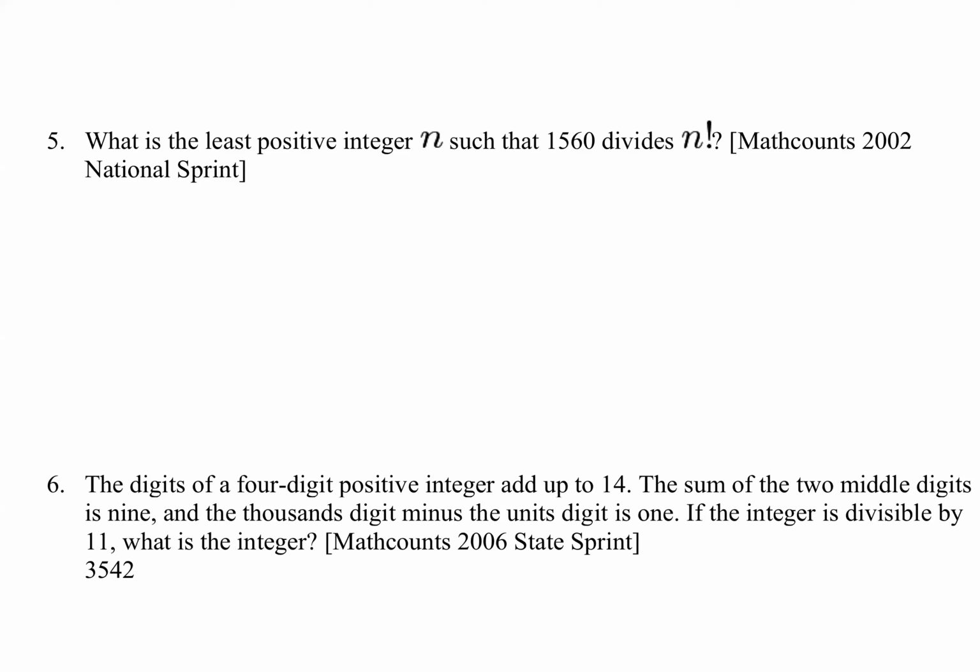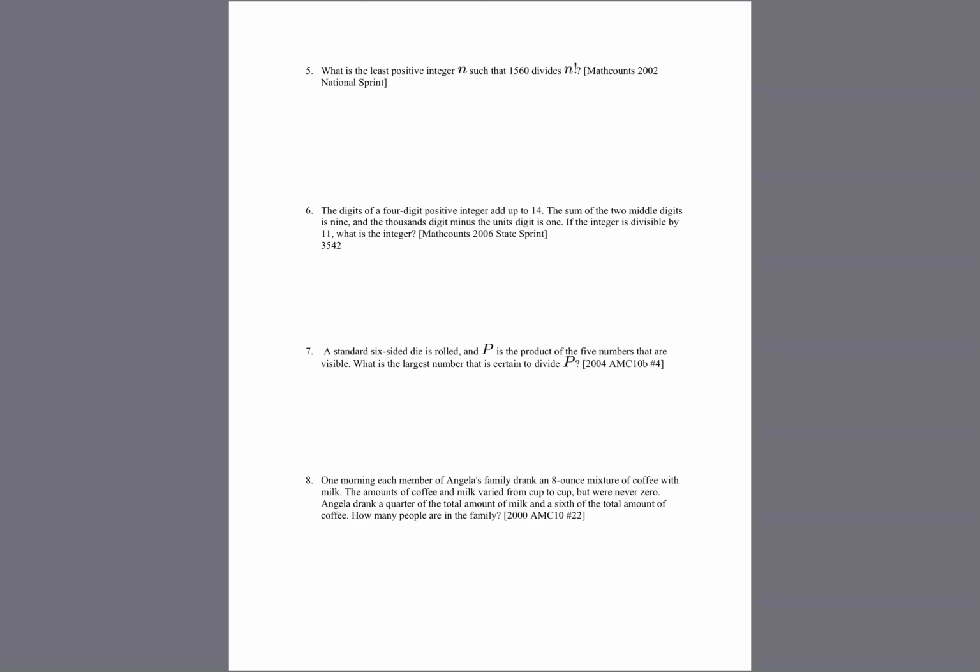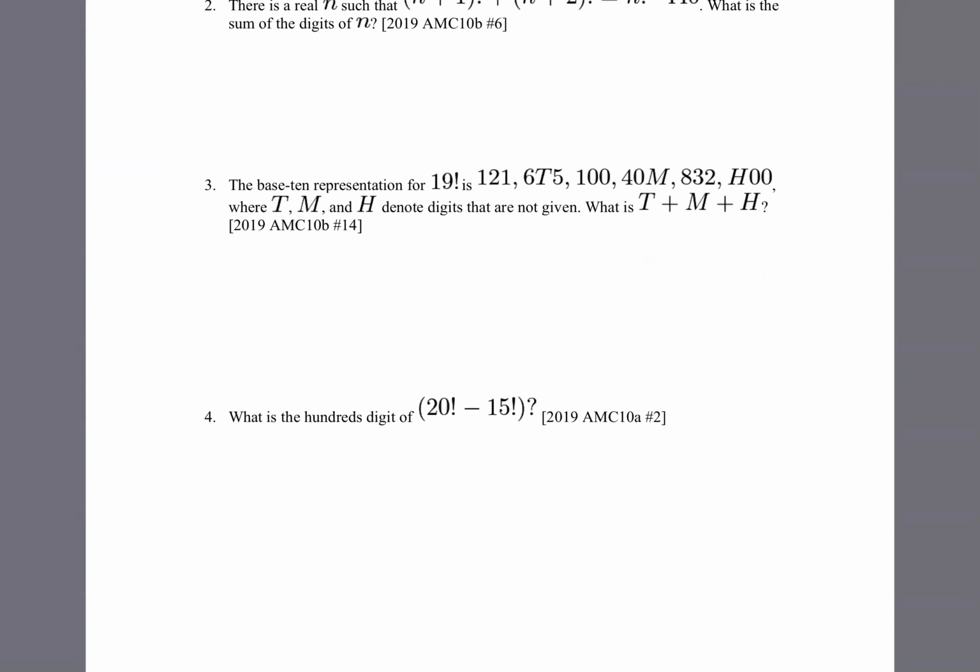Oh, I have a question about the previous problem, so let's go back to it. Why doesn't 20 times 19 times 18 times 17 times 16 minus 1 work? So you're telling us to factor out the 15 factorial, right?